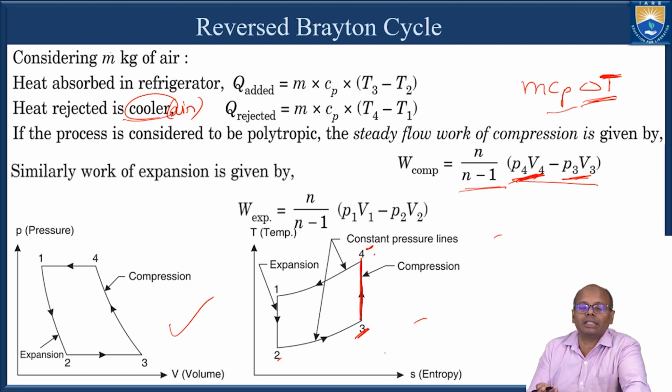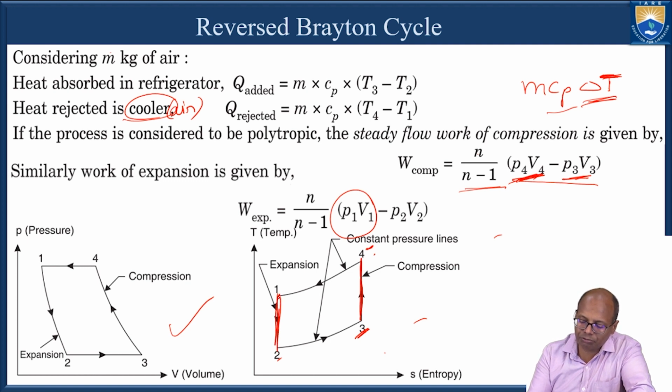Now similarly, for the case of the expander, the pressure is reducing and the volume is increasing. The reduction in pressure is very much as compared to the change in volume.